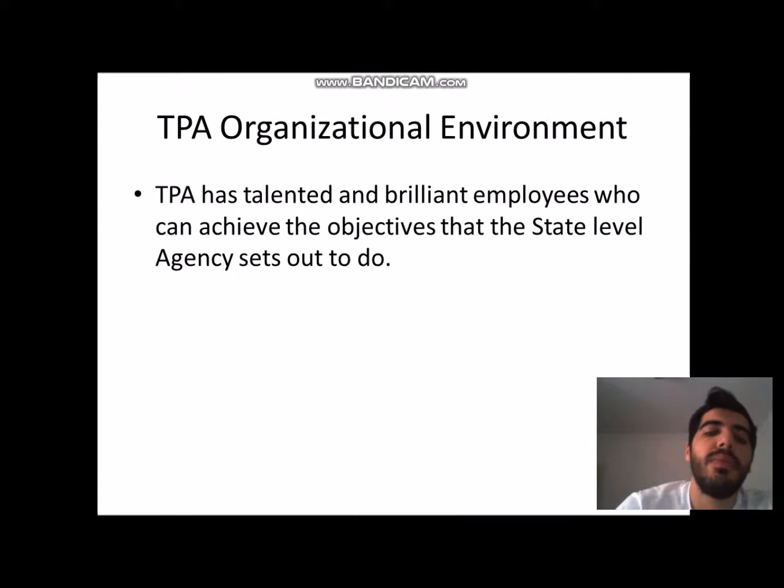The next item is about the TPA organizational environment. In my view, TPA has talented and brilliant employees who can achieve the objectives that the state level agency sets out to do. This also applies to all divisions of the agency. Also, the agency has an entire organization structure which ensures better assignment of roles, responsibilities, as well as competent supervision.